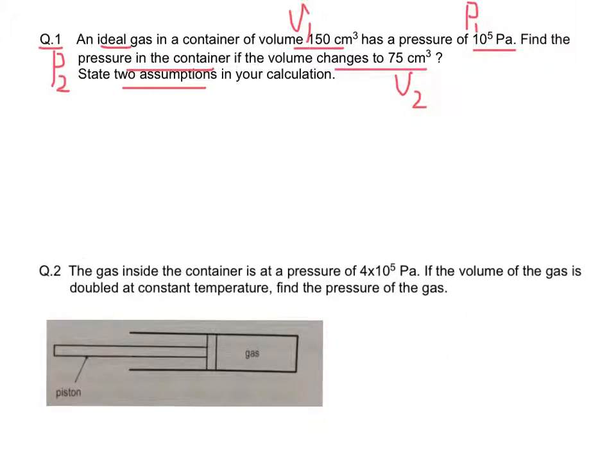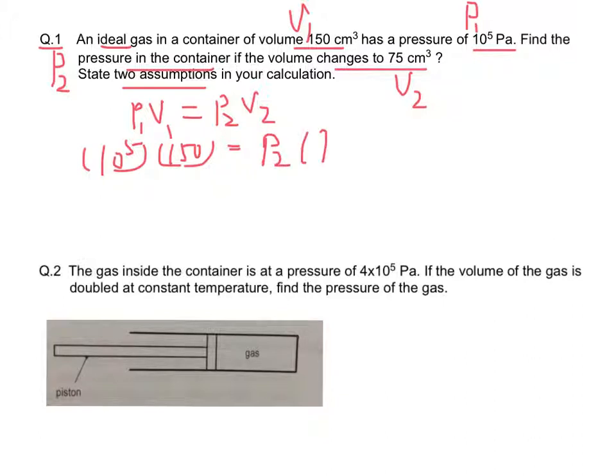By using Boyle's law, we have P1 V1 equal to P2 V2. Therefore, 10^5 times 150 equals P2 times 75. Therefore, we have the new pressure P2 equal to 2 times 10^5 Pa.